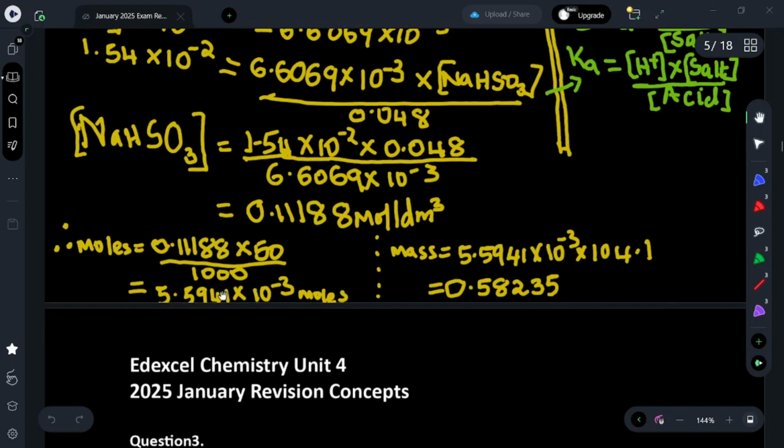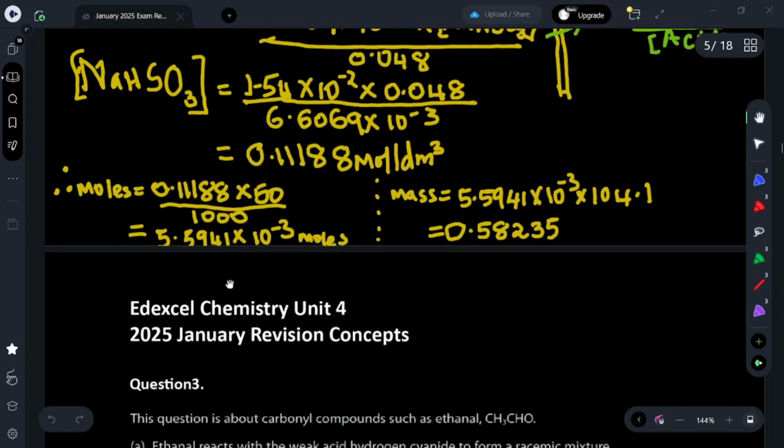Moles is the concentration times the volume, so we have 0.11188 times 50 divided by 1,000. So we have the moles as 5.5941 × 10⁻³ moles.